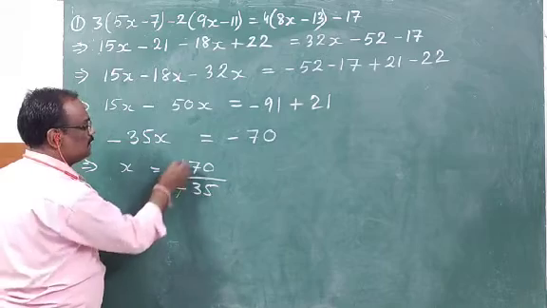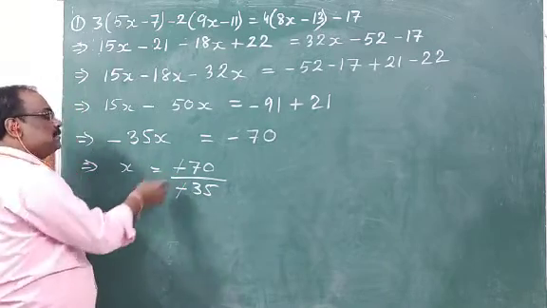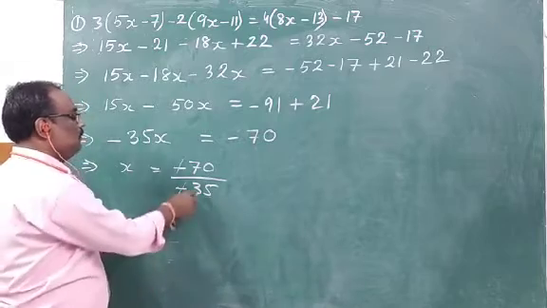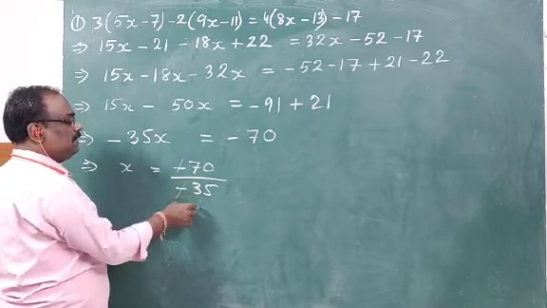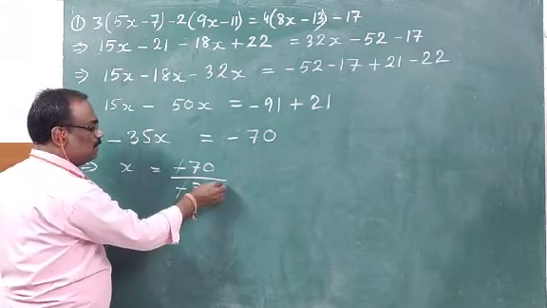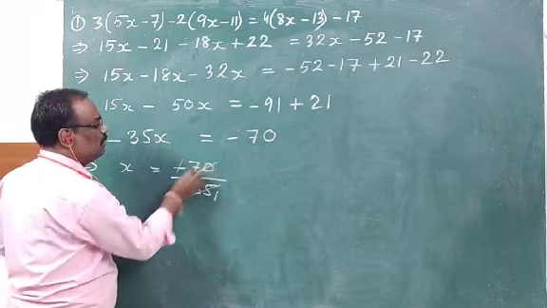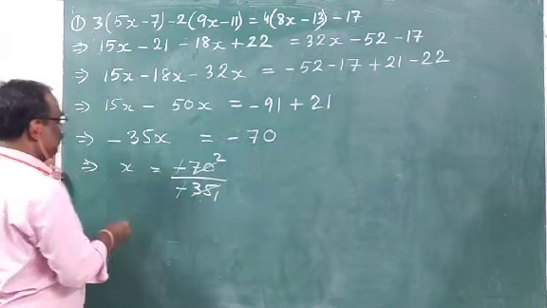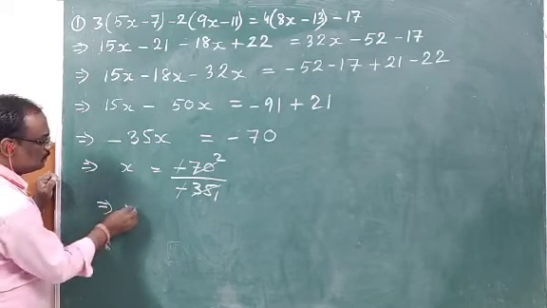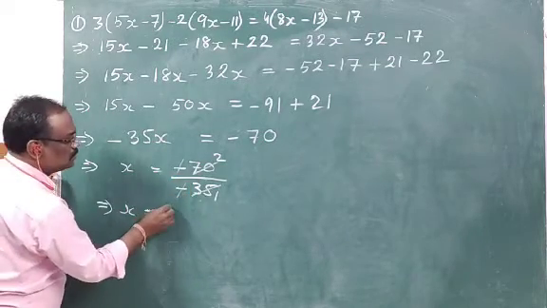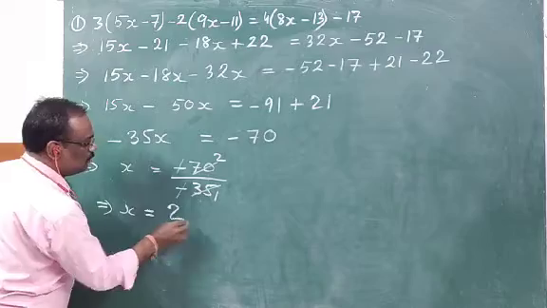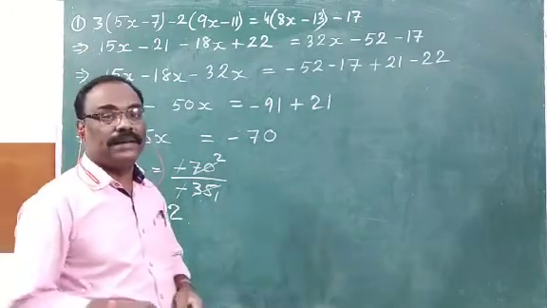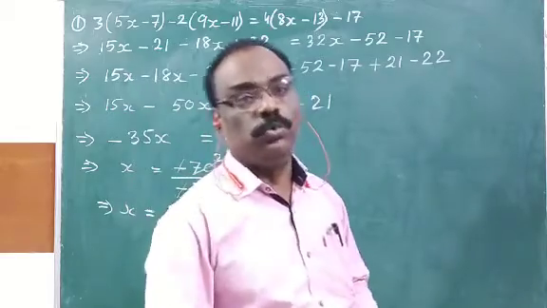So this minus and this minus get cancelled, or minus minus will become plus. Now we can cancel these two numbers. With 35, we can cancel: 35 one time 35, 35 two times 70. So finally x is equal to 2. We write the answer is 2. So we can say that the value of x here is 2.